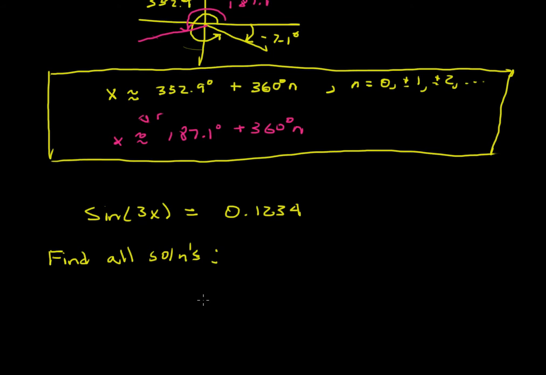So as before, we're going to want to take a look at the inverse sine of 0.1234. And we would know this to be approximately 7.1 degrees.